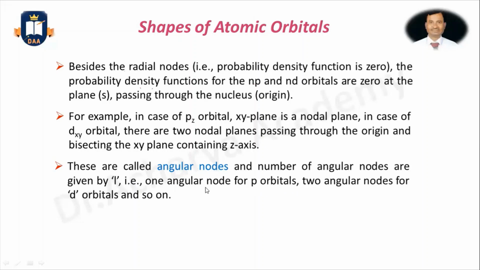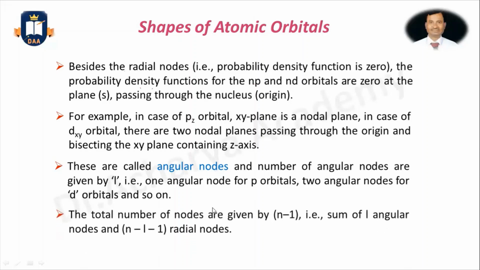Because for p orbitals, L is equal to 1, so a p orbital has only one angular node. And two angular nodes for the d orbitals. Why? Because for d orbitals, L is equal to 2, the azimuthal quantum number 2. So two angular nodes will be present in d orbitals, and so on.